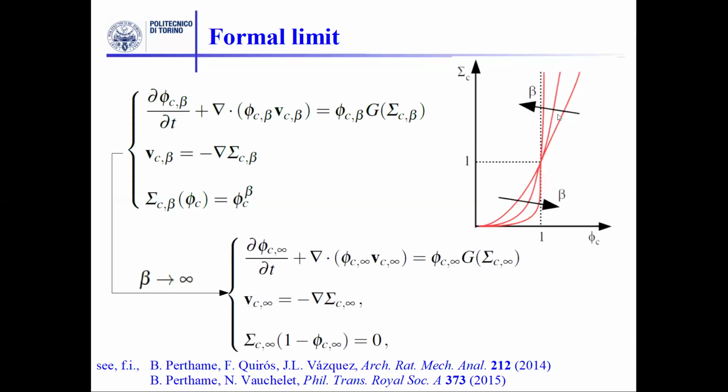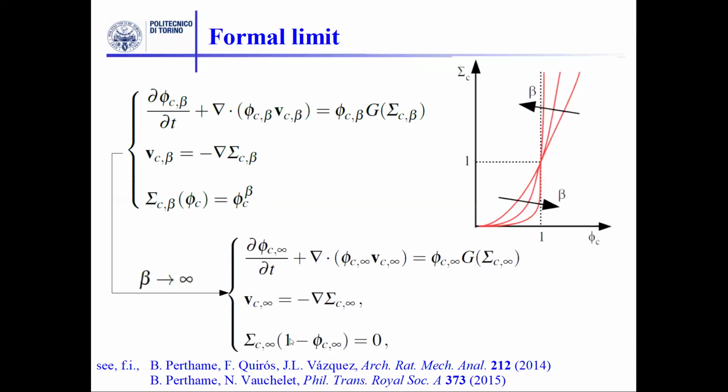And in the limit, it can be proved that this problem on the top becomes this one on the bottom. The most important thing is that the solution satisfies either sigma equal to 0, which is this region here in the limit, that is, P can be anything, or phi c equal to 1.